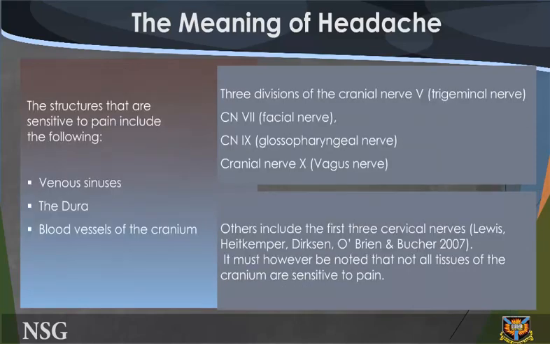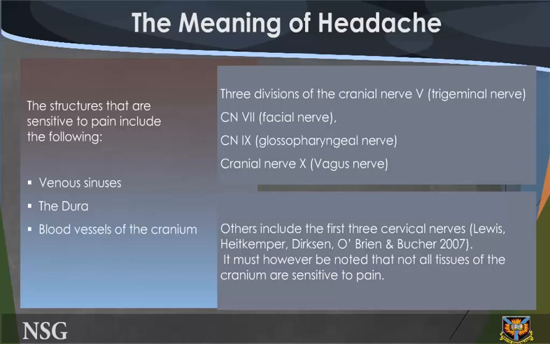The structures that are sensitive to pain include the following: venous sinuses, the dura, blood vessels of the cranium, 3 divisions of the cranial nerve V, trigeminal nerve, CN VII, facial nerve, CN IX, glossopharyngeal nerve, cranial nerve X, vagus nerve.